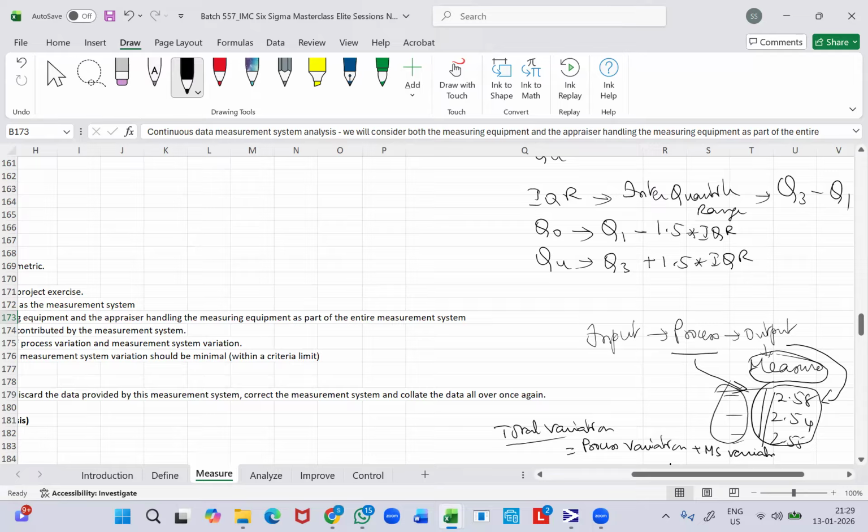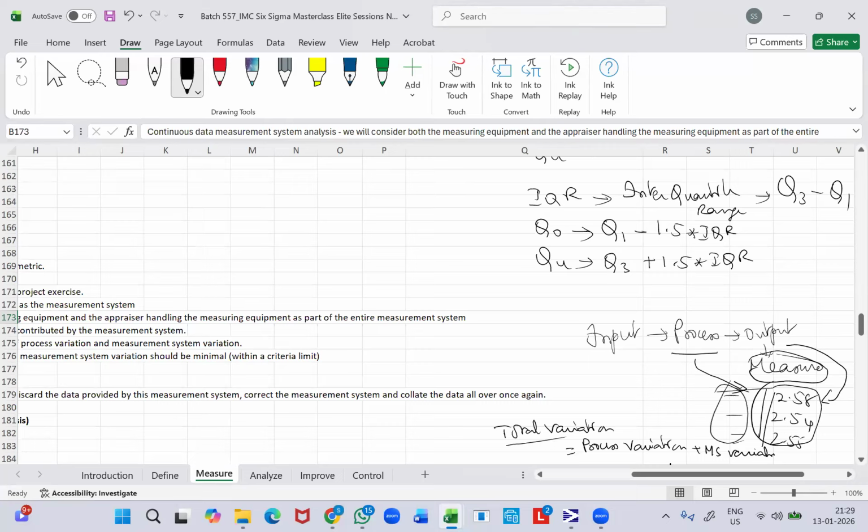So obviously the measurement system also will contribute to a certain quantum of variation in this final data set. The variation that you would observe in the final data set is what we call total variation. So total variation can be split as process variation and measurement system variation.